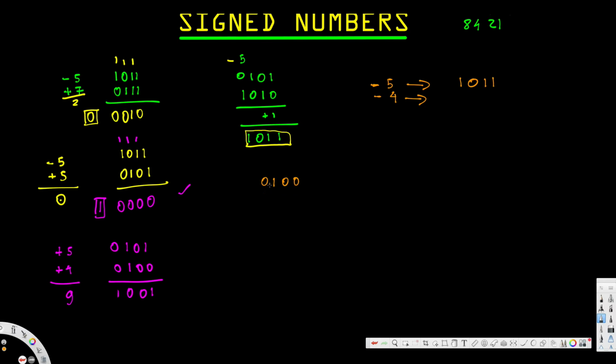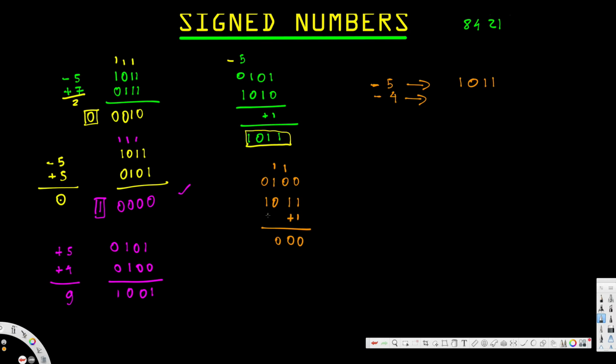Now the 1's complement of this one is going to be 1 0 1 1, and to get the 2's complement we have to add 1.